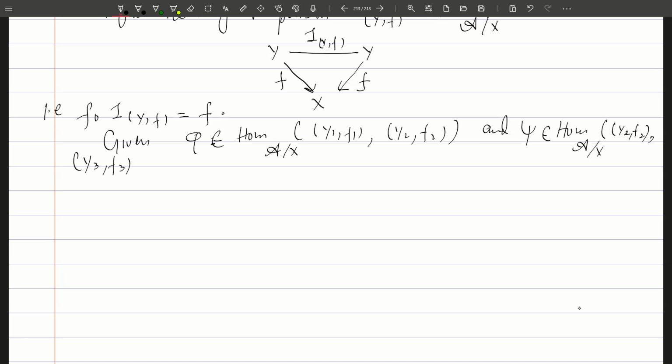So this morphism takes this object to this object. Then the composition is given such that the diagram commutes.